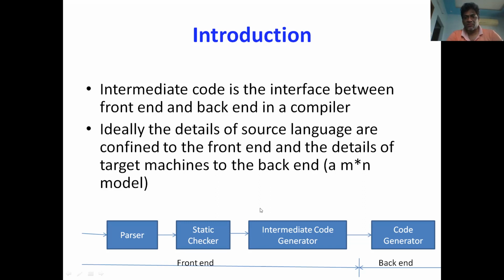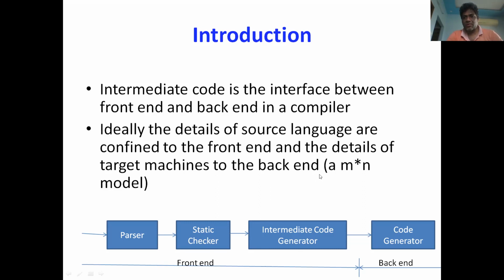So that is the reason why it acts as an interface between the front end and the back end of the compiler. With the help of this phase, we can apply code optimization even before it is converted into machine code. There are two types of code optimization possible.